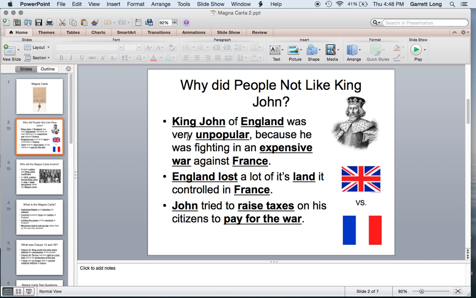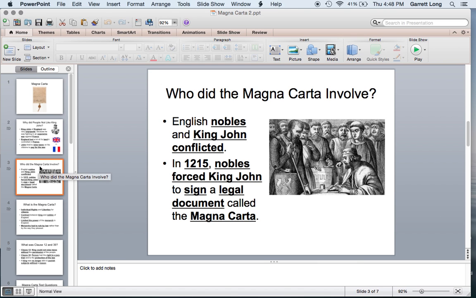And really, these people keep the king in power. If it wasn't for the rich barons and nobles, he wouldn't have as much power as he did. But the problem is that these people did not want to pay the taxes.